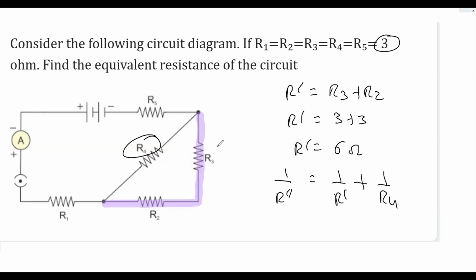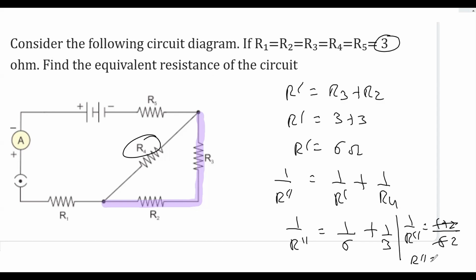Placing the values, this is 1 over 6, and R4 is 3 ohm, so this is 1 by 3. Taking LCM, this is 1 time, this is 2 times, so this is 3 by 6, which is 1 by 2. So R double dash by cross multiplication is 2 ohm.